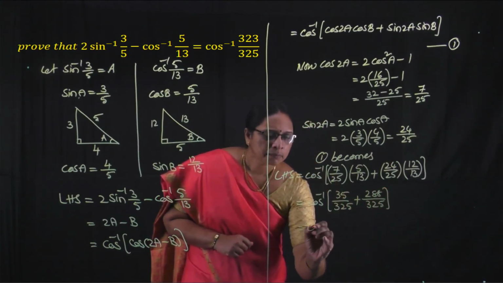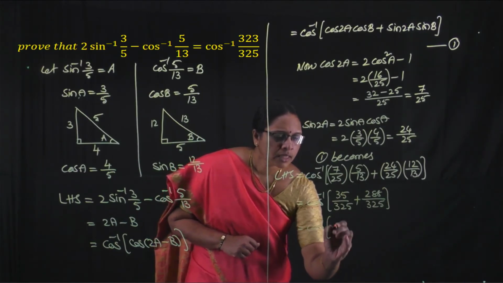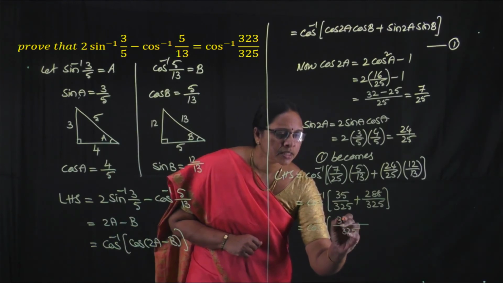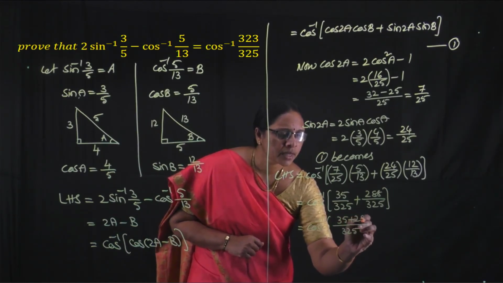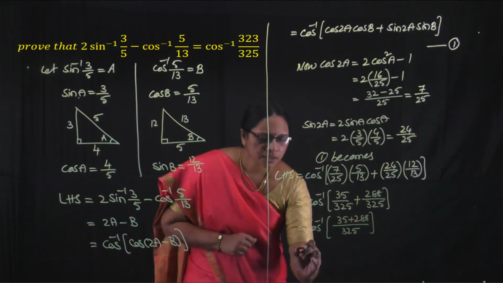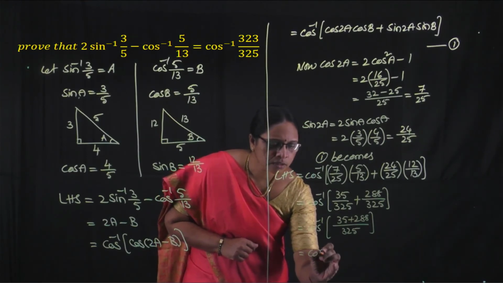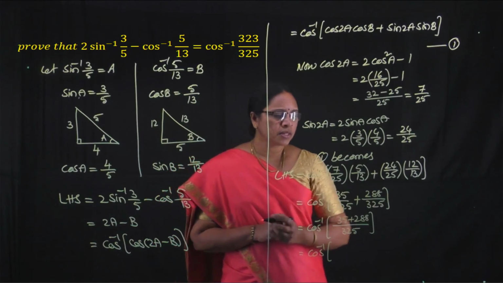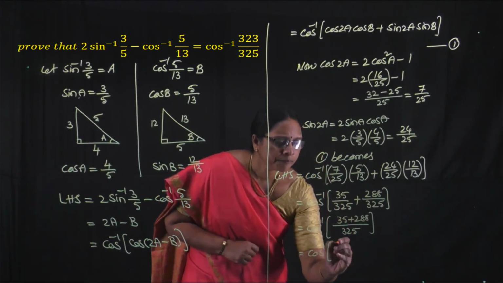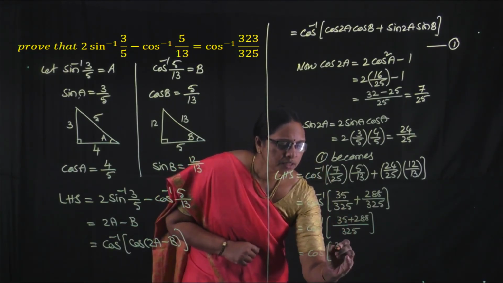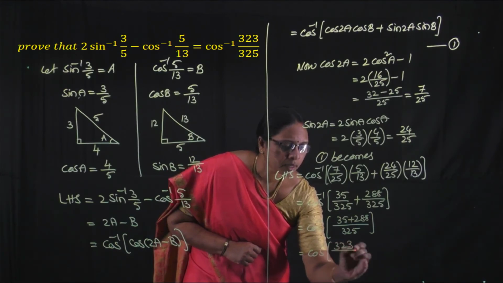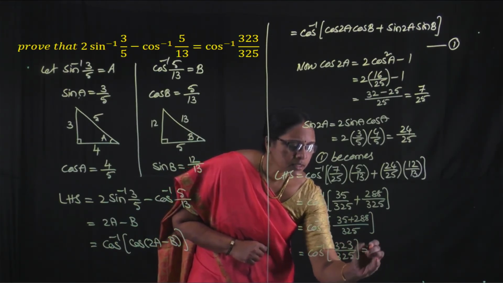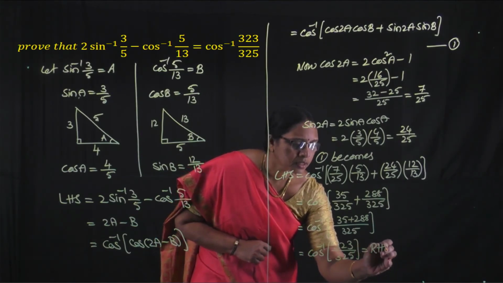Take LCM. LCM is 325. Numerator is 35 plus 288. That is equal to cos inverse of 35 plus 288, that is 323 by 325. That is RHS.